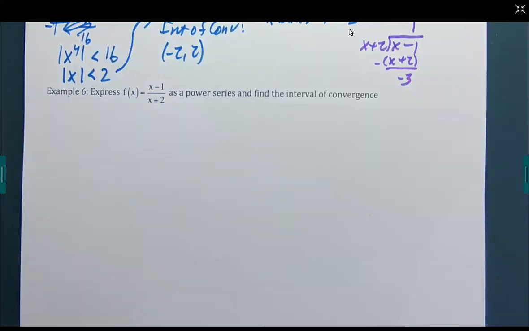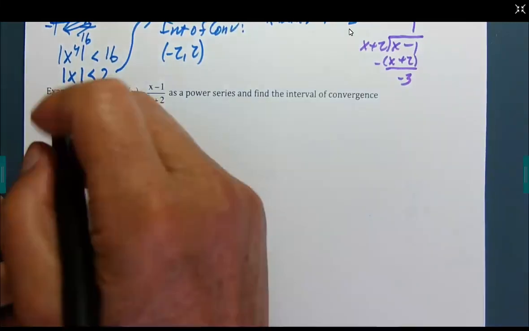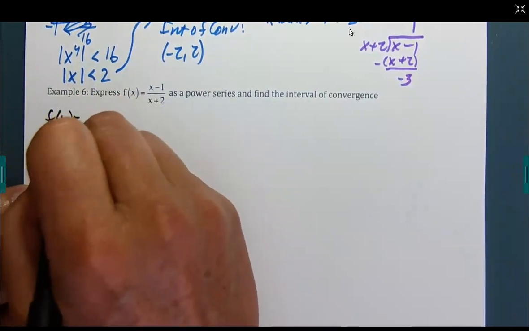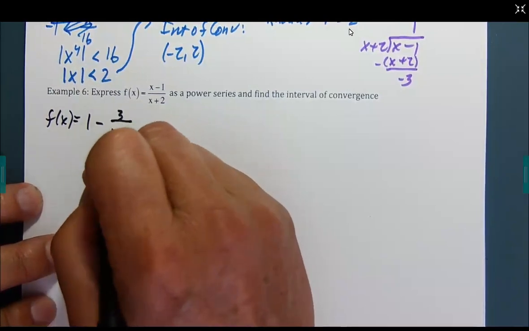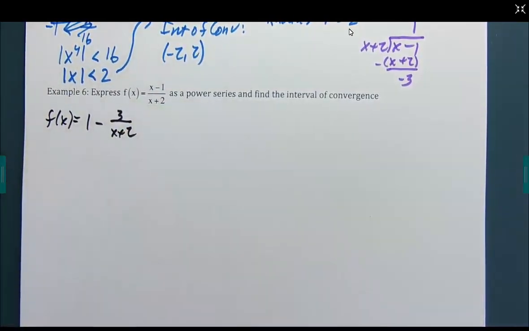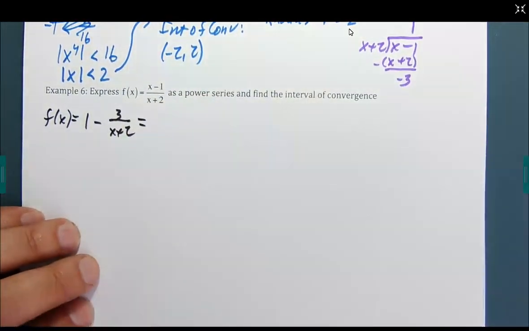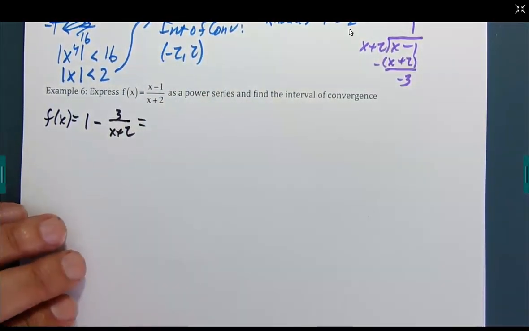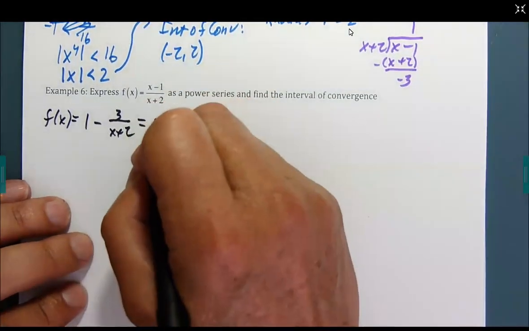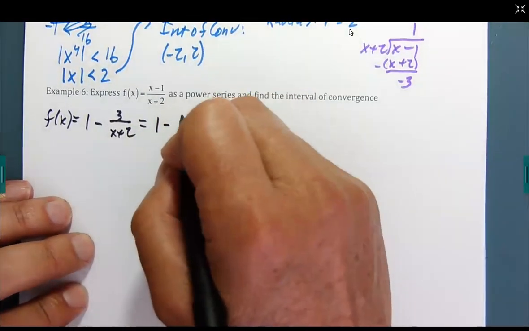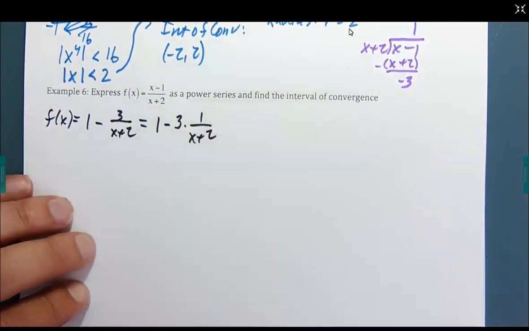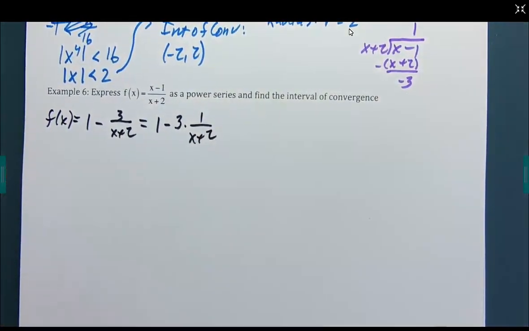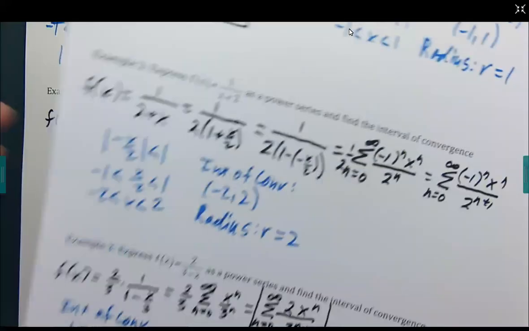So I'm going to say that f of x is now 1 minus 3 over x plus 2. And in fact, this is 1 minus 3 times 1 over x plus 2. And once again, we've already done this one.